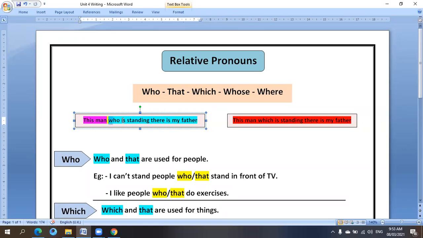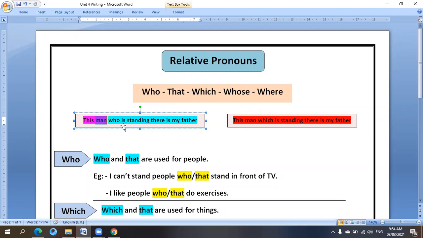This sentence, what is the function of this sentence? وظيفتها ايه? It describes the noun before it, the noun which is man. All of this sentence, الجملة هذه كلها describes this noun. بتوصف الاسم ده. So we call it adjective clause, جملة الصفة.